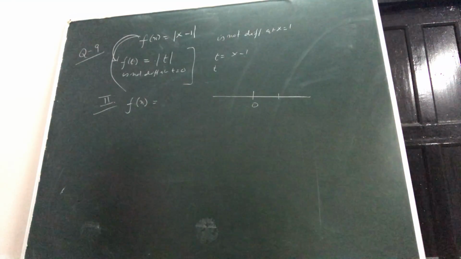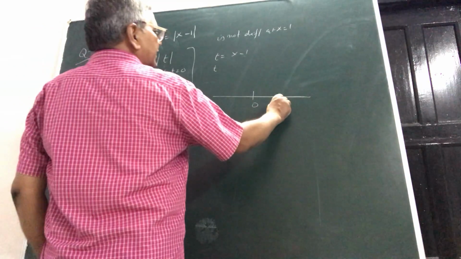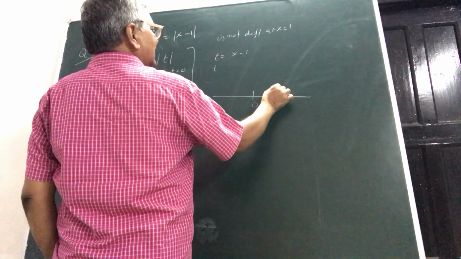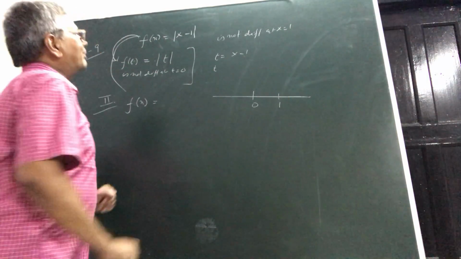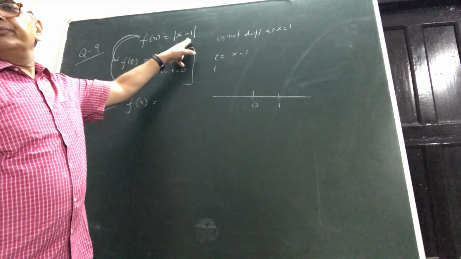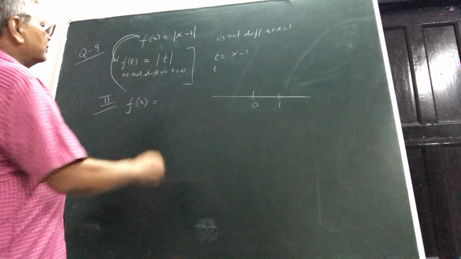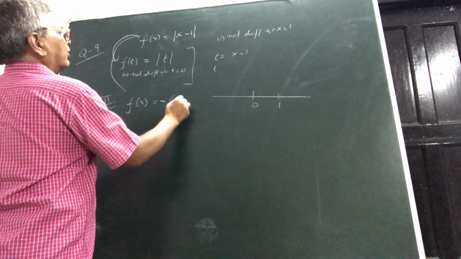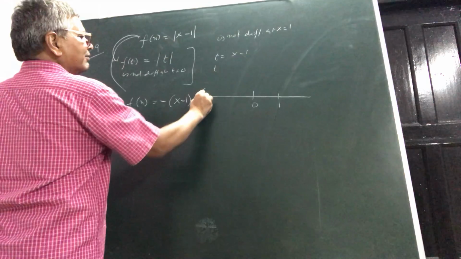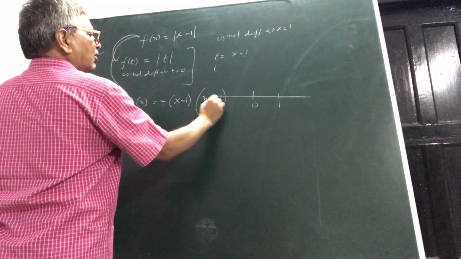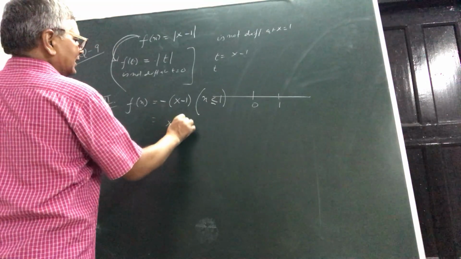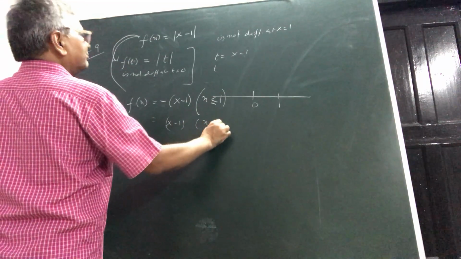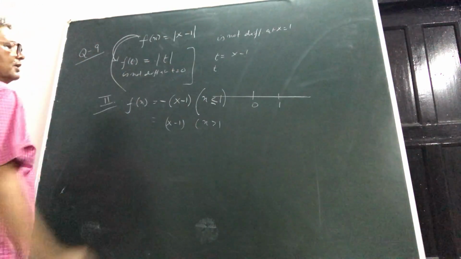Now see, if x is less than 1, then x - 1 will be negative. So f(x) will be, in order to make it positive, -(x - 1) when x is less than or equal to 1, and this will be equal to x - 1 when x is greater than 1, because when it is greater than 1, it is always positive.